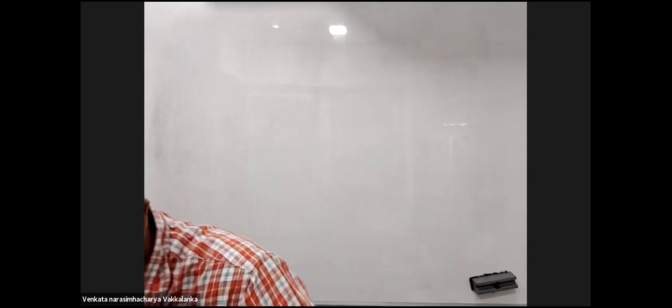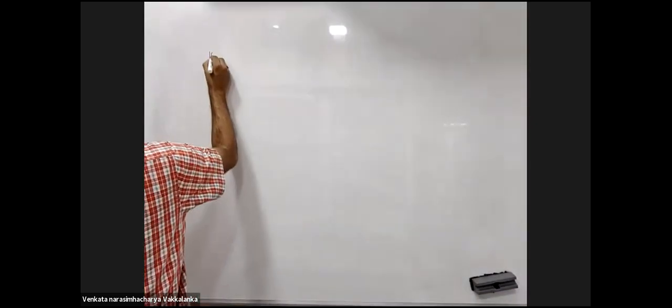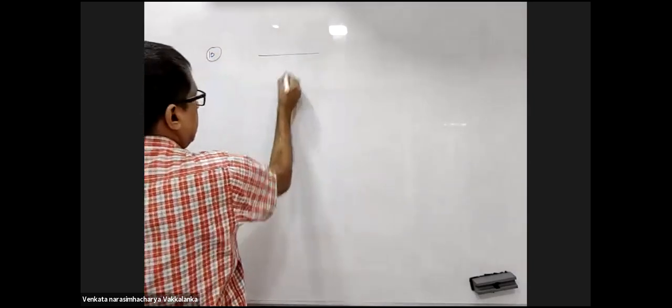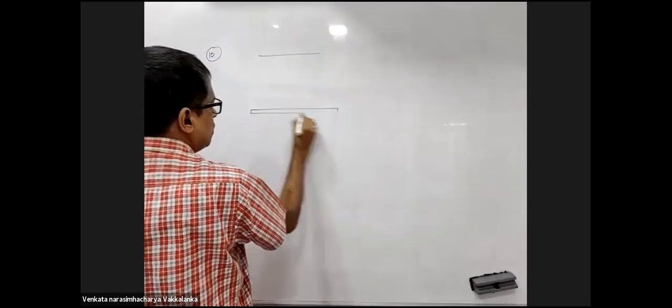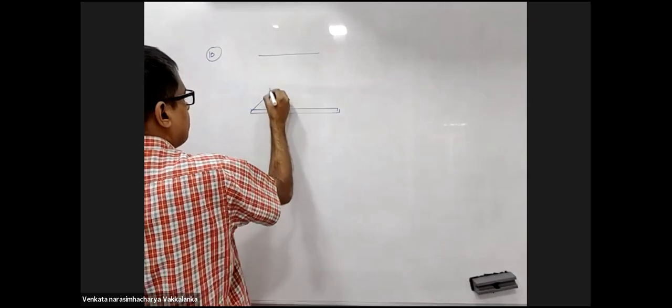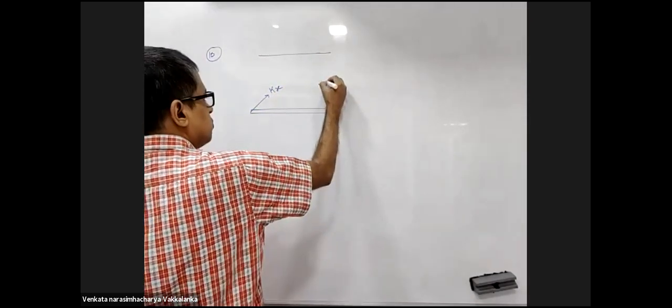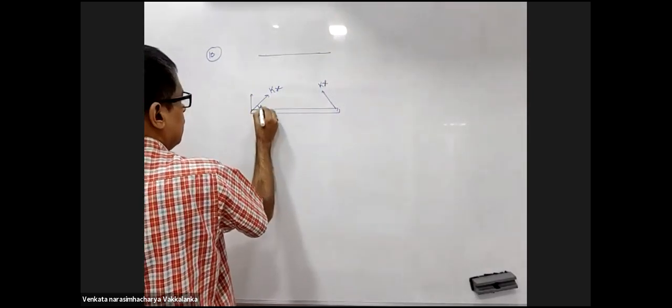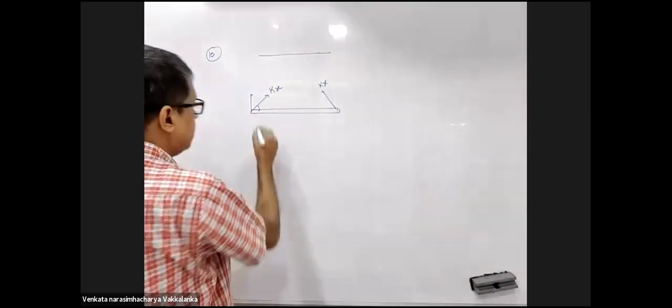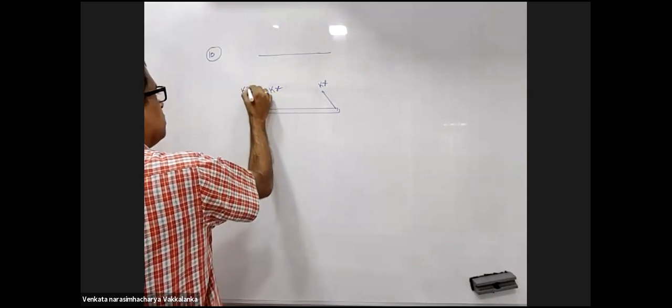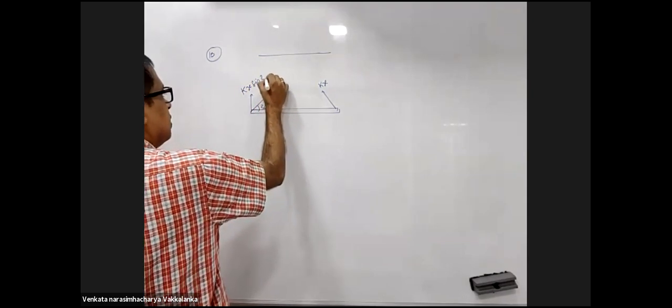Listen. At the first place, the 10th question. This is a thin rod. I will have kx and kx this way, at 30 degrees. This is kx sine 30.